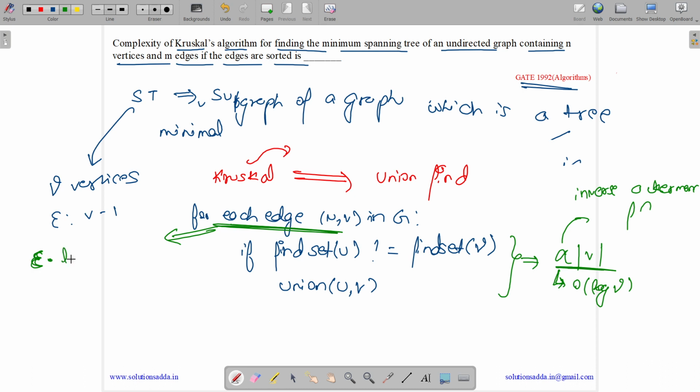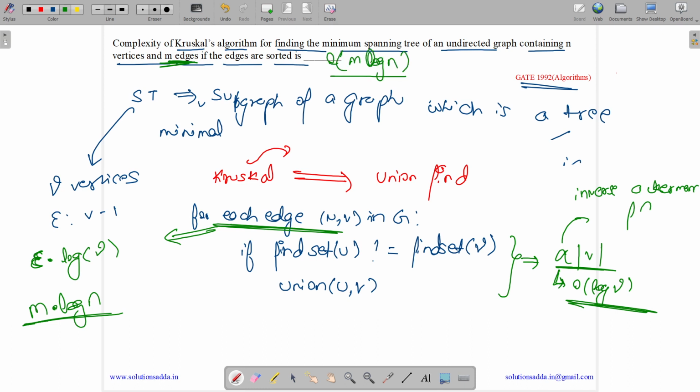What's the complexity for each edge? We are doing log v. So what's the notation for E? It's the number of edges. So here we have m edges and the number of vertices is n. So the answer is order of m log n, which is basically finding the union find for all the edges of the graph.